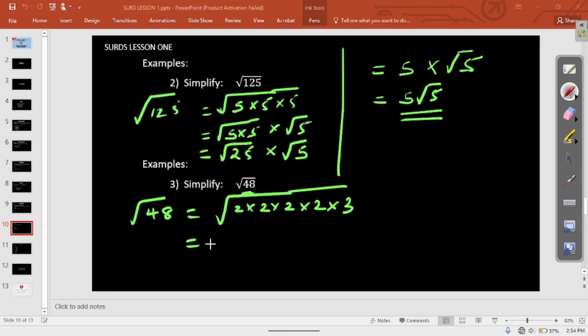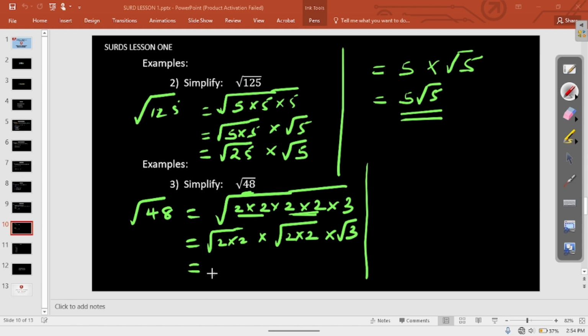Again, we are going to pair common factors. So here we are going to have the square root of 2 by 2, which is the first pair, multiplied by the square root of 2 by 2, the second pair, multiplied by the square root of 3. It is alone, so we can't pair it, we leave it as it is.